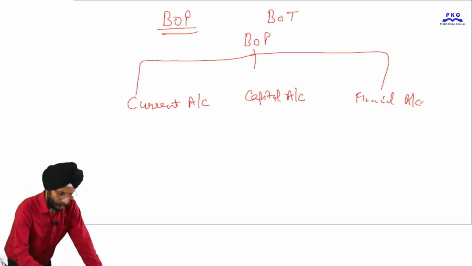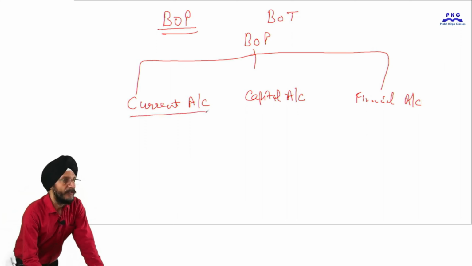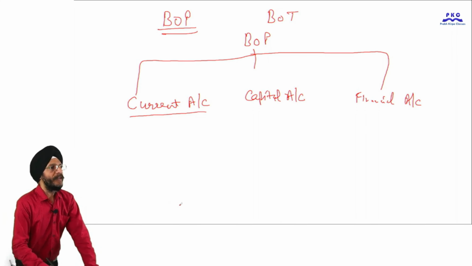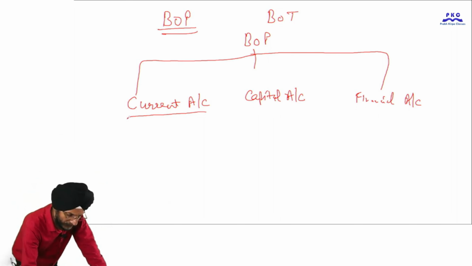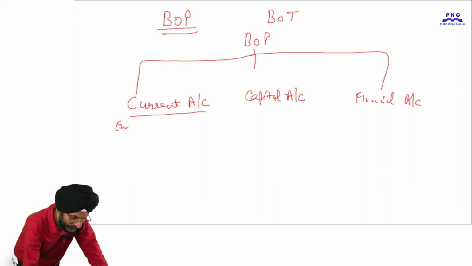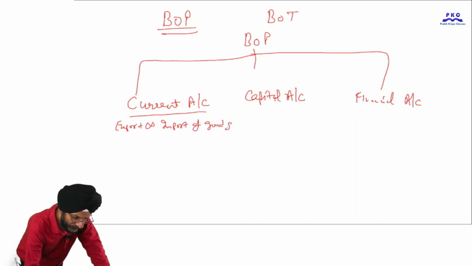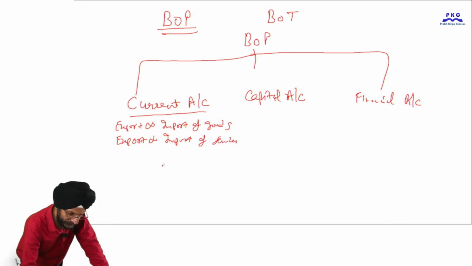In the current account, we record the transactions which pertain to export and import of goods. Then we record the transactions related to export and import of services.